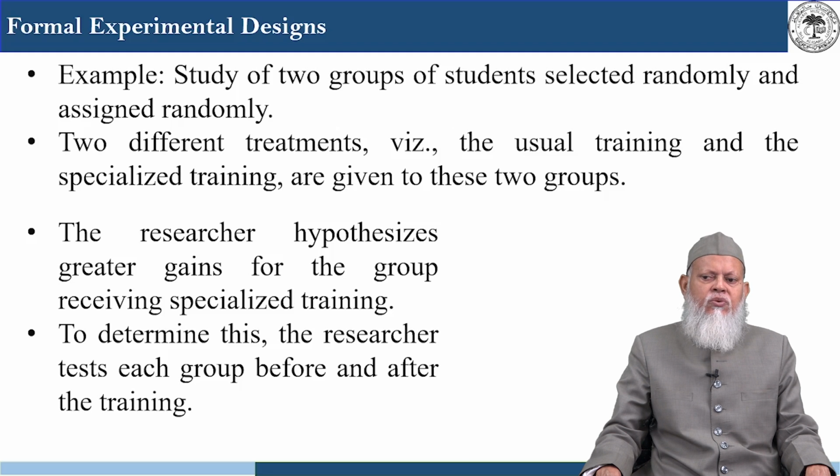Now, these two different treatments, that is independent variables, would be given as treatment to these two groups. The usual training is given to the control group and the specialized training is given to the experimental group. Of course, both have been selected and made randomly.